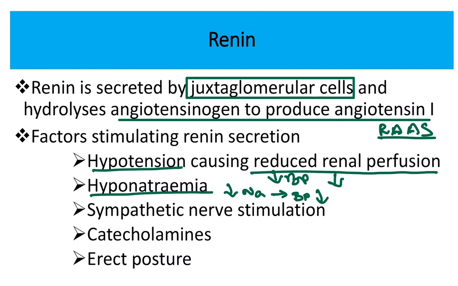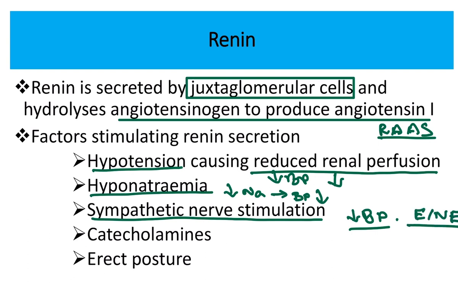Also sympathetic nervous system stimulation. It occurs in an emergency situation or when there is decreased blood pressure. Then adrenaline and noradrenaline, or epinephrine and norepinephrine, are released, and they act on the juxtaglomerular cells and cause the secretion of renin.